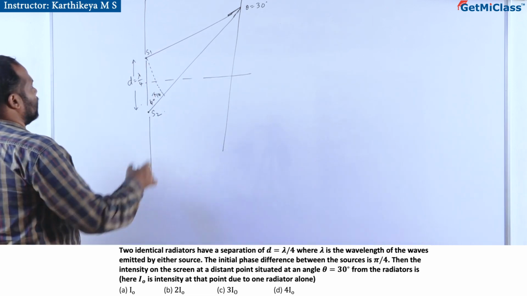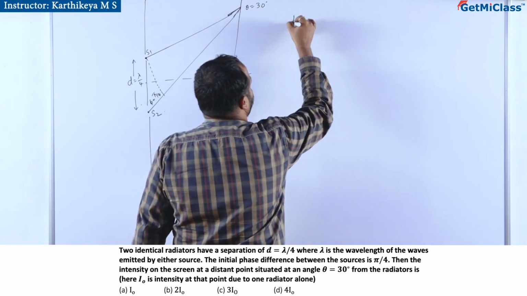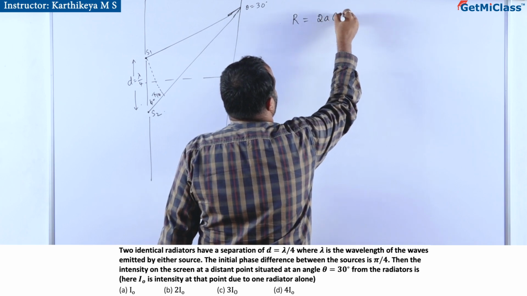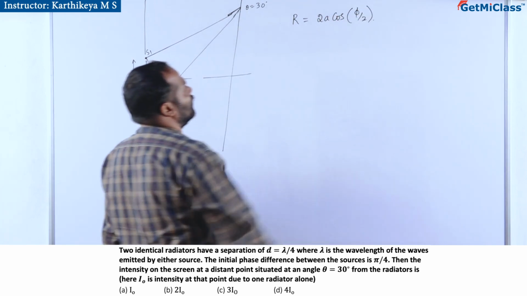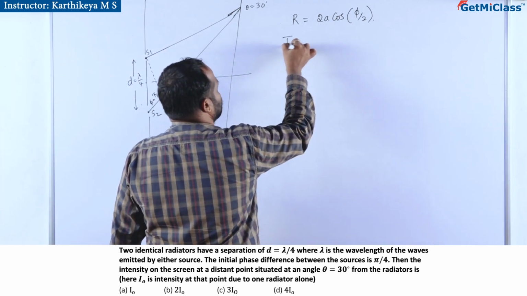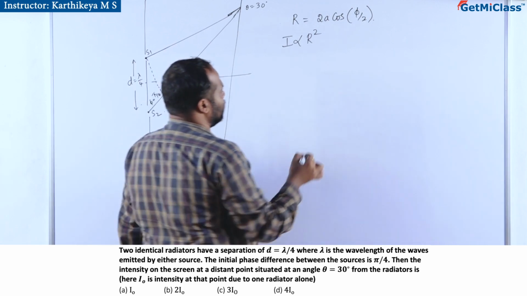So I naught is the initial intensity. We know the resultant amplitude of the interfering waves is 2a cos phi by 2, and we know intensity is directly proportional to the square of the amplitude.